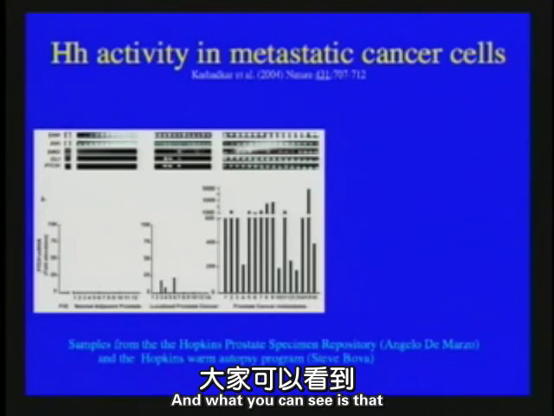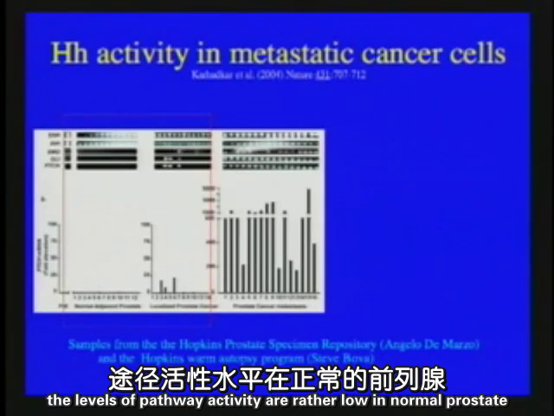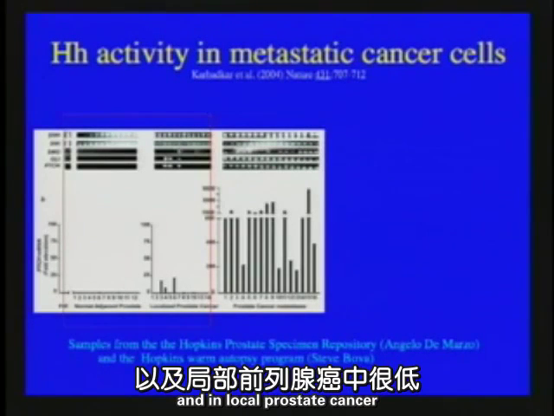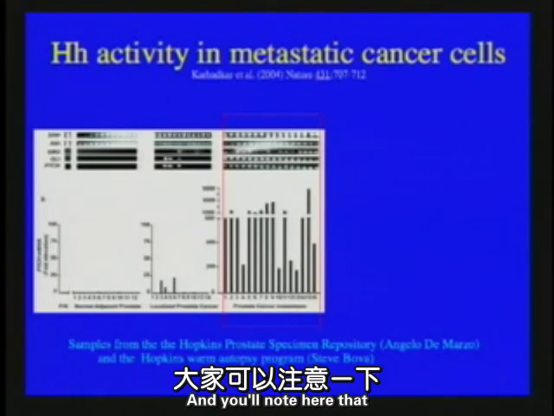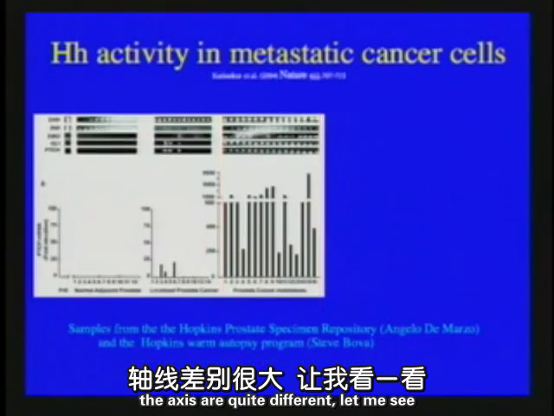And what you can see is that the levels of pathway activity are rather low in normal prostate or in localized prostate cancer, but in contrast are quite high in metastatic prostate cancer. And you'll note here that the axes are quite different.